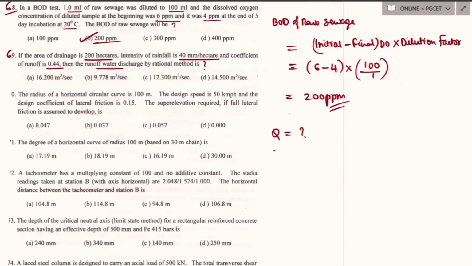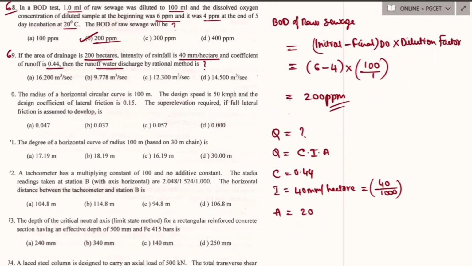According to the rational method, to find the discharge, Q is equal to CIA, where C is the coefficient of runoff, that is 0.44, I is the intensity of the rainfall 40 mm per hectare, that is equal to 40 divided by 1000, and A is the area of the drainage, that is 200 hectares, so 200 into 10 to the power of 4.